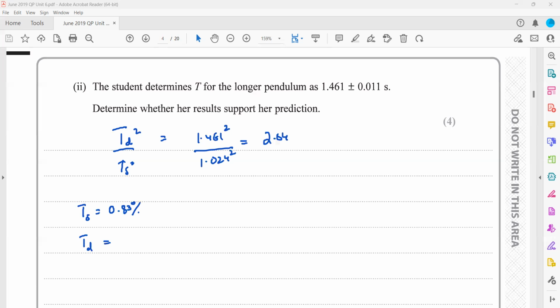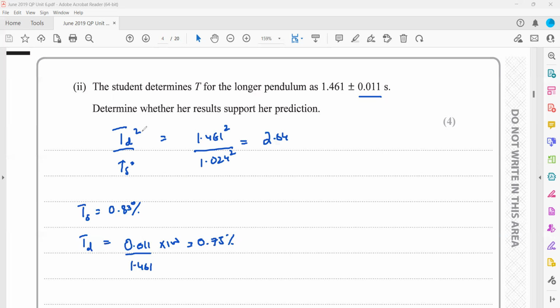That is the uncertainty, which is 0.011, divided by the value recorded, 1.461, times 100. So it will be 0.011 times 100 divided by 1.461, which is 0.75. So 0.75% is the percentage uncertainty.